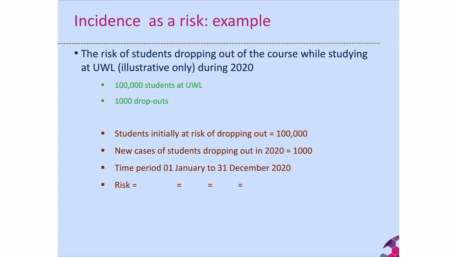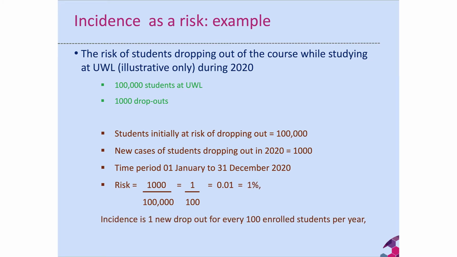And so the risk is 1,000, the students who dropped out, divided by 100,000, which is the students at risk, and that gives us 1 over 100, which is 0.01, which gives us 1%.